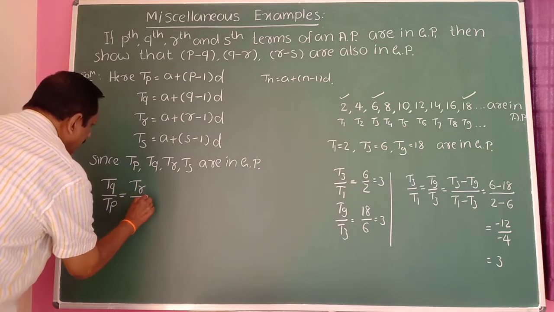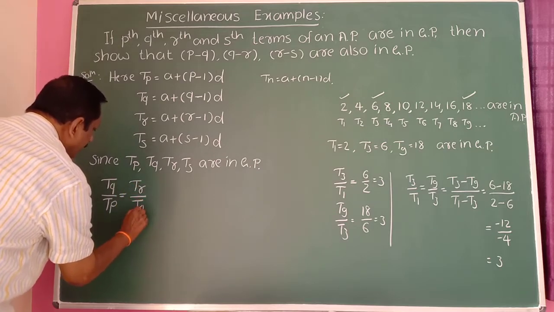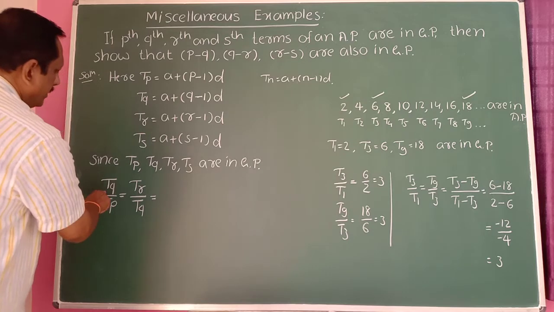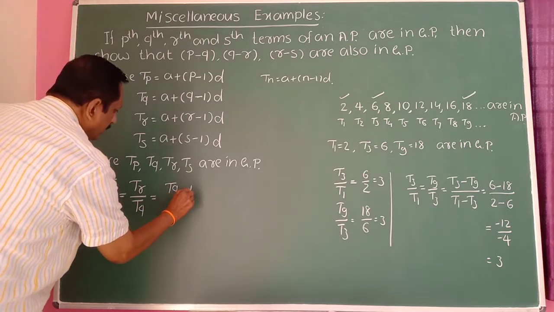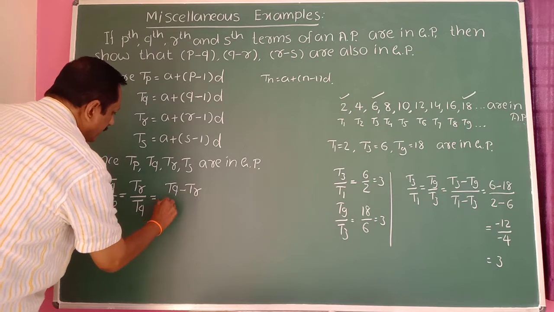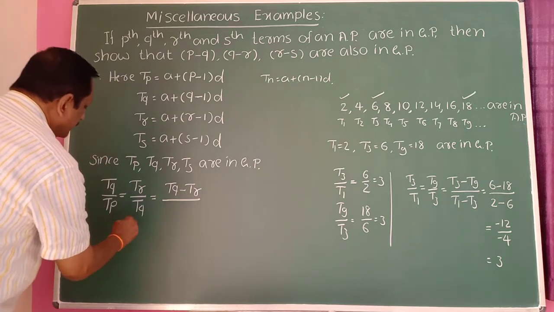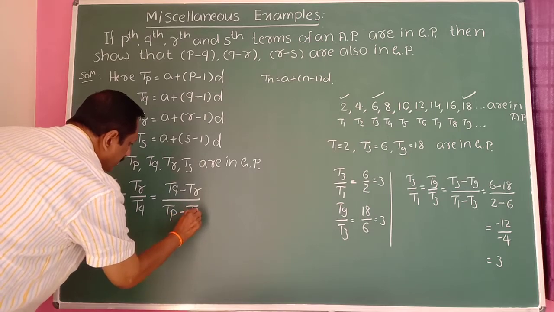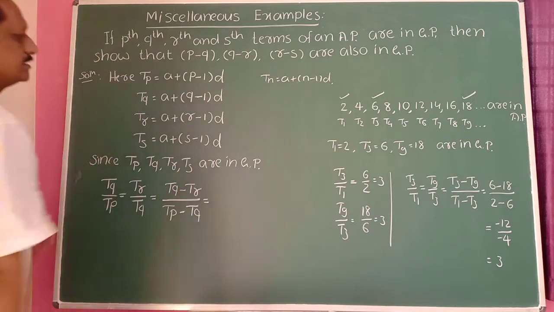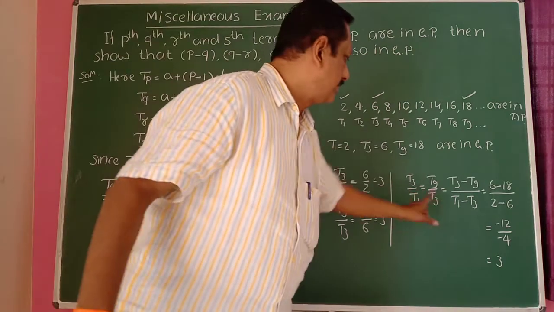This is equal to Tq minus Tr divided by Tp minus Tq. Tp minus Tq, that is equal to, means we are using this result here.